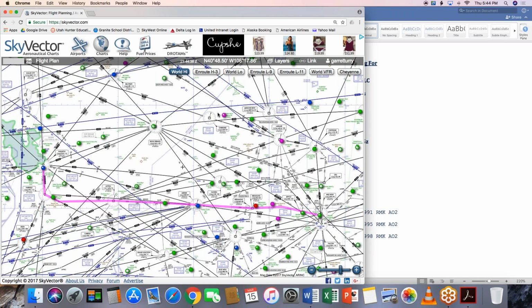Yeah, so you gotta know what the elevation is at your departure airport, and then you use that to find your ISA deviation.